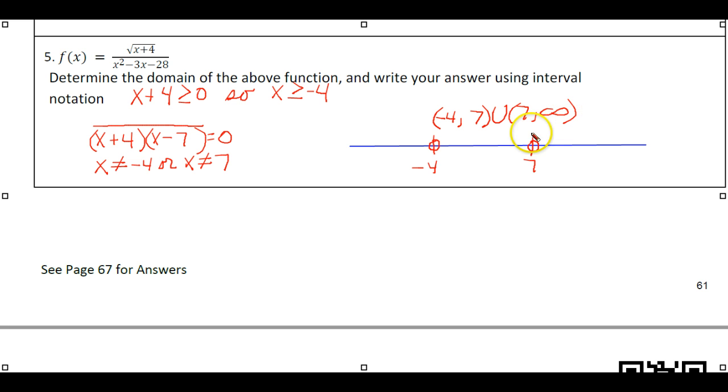Now this is not quite what they have as in the answer key, but I think this is correct because we can darken this in here and then darken this in there. But because of this radical up here, we can't have negative values underneath that. And where normally you could include a -4 there, this is excluding it down here. So I believe this is the correct answer.